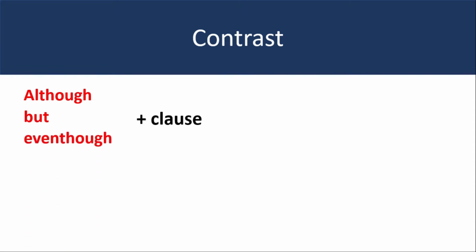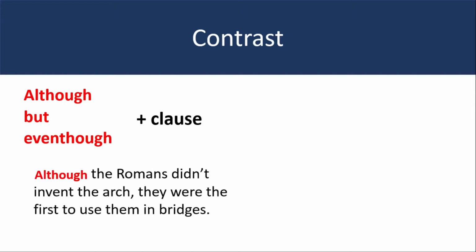There are other expressions used to manifest contrast. For example, although, but, even though. They are usually followed by a clause. Although the Romans didn't invent the arch, they were the first to use them in bridges.